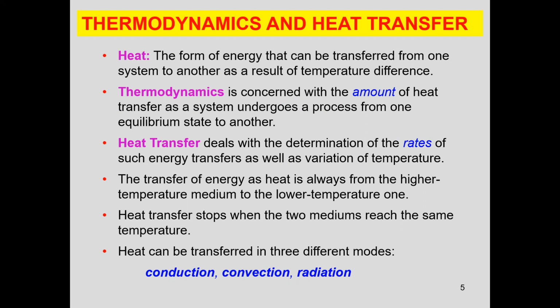The transfer of energy as heat is always from the higher temperature medium to the lower temperature one, which you already know. The heat transfer stops when the two media reach the same temperature. It can be transferred in three different modes: conduction, convection, and radiation.